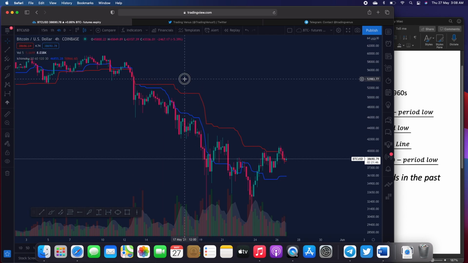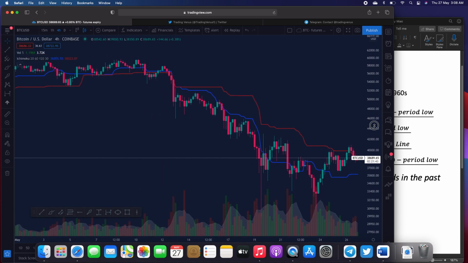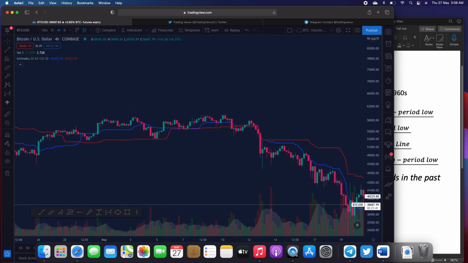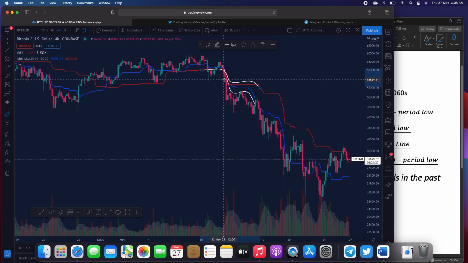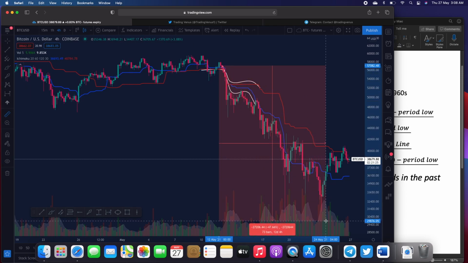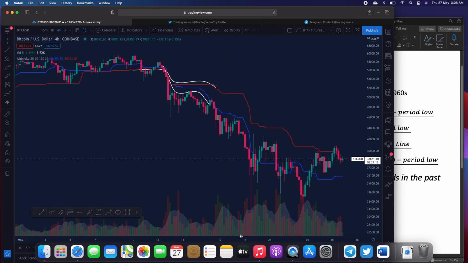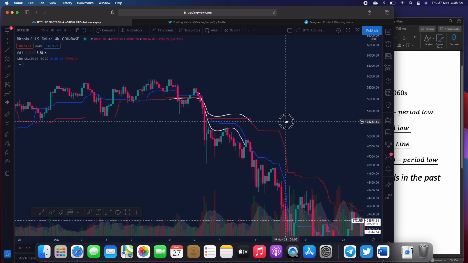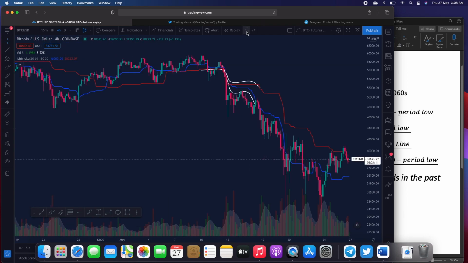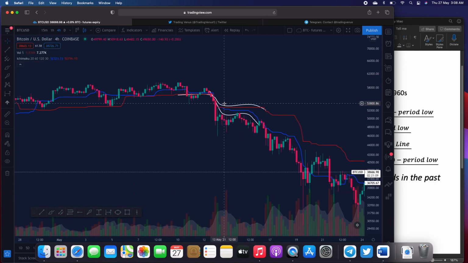The rule of thumb is that whenever they have a crossover and the conversion line goes below the baseline, we can put in a short position. For example, you can see that at the time when Bitcoin dumped 47%, it was very clear using the conversion line and baseline that a potential short position was possible.